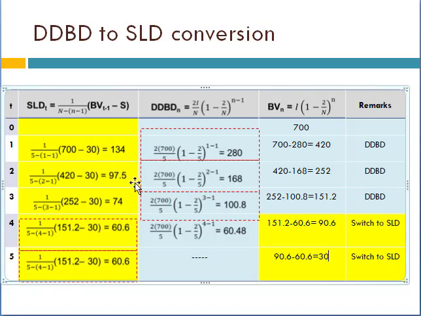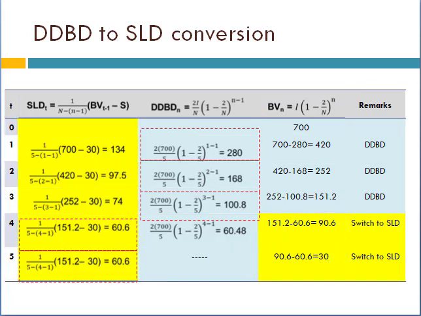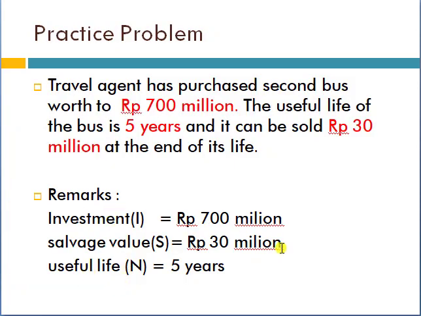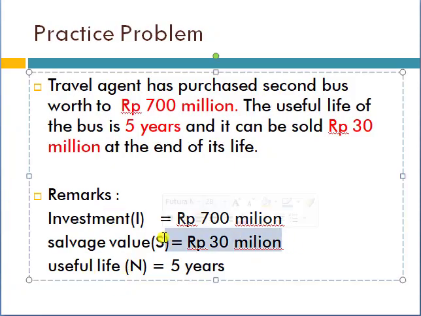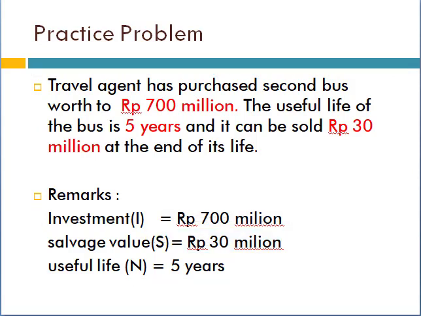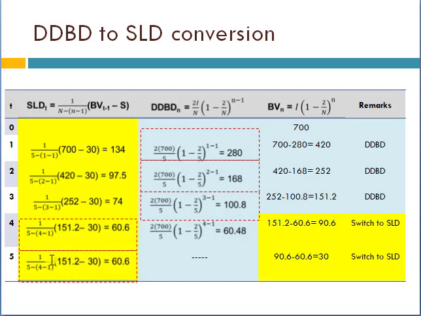So after that, we can see that the book value of this investment is the same as the expected salvage value. The book value at the end of useful life is 30, and our expected salvage value is 30. Now we have the same number, so we can stop the iteration at year 5.